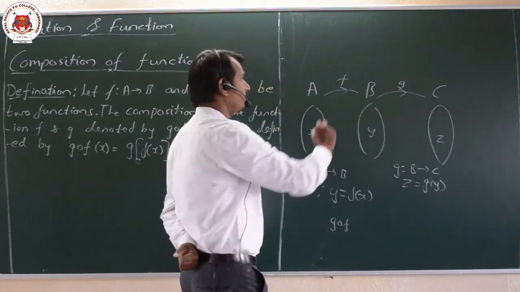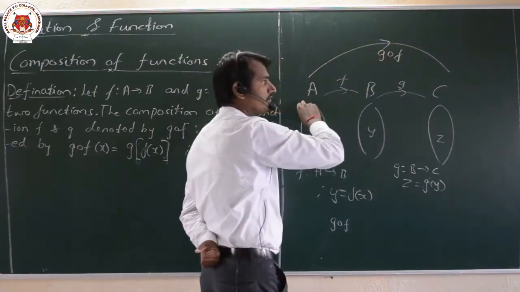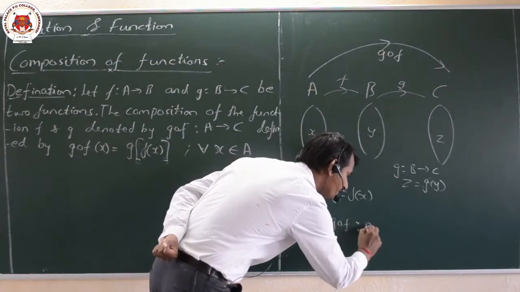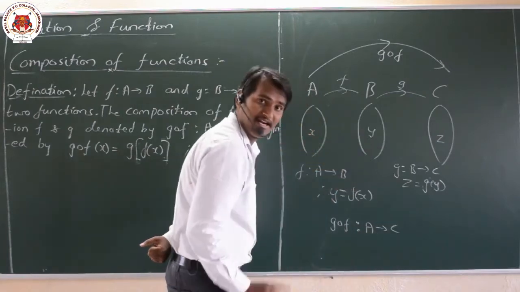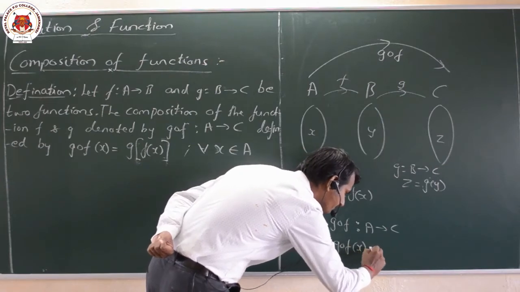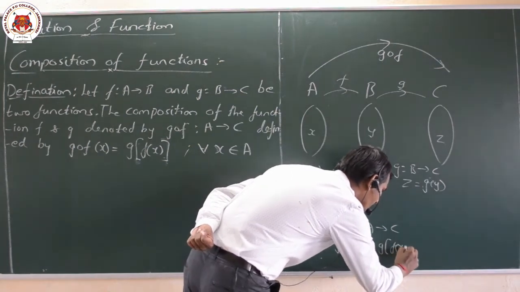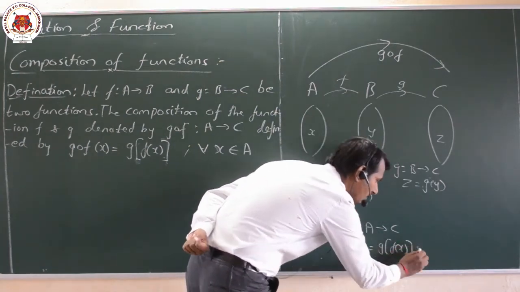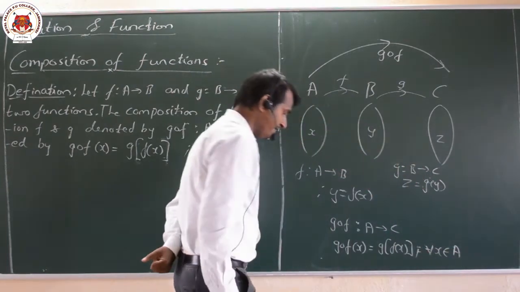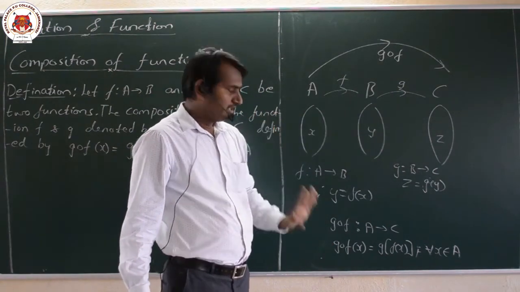It is a function from A to C, and it is defined as g of f of x, which is equal to g of f of x for all x belonging to the set A, and its value will be equal to z. Is it clear, dear friends?